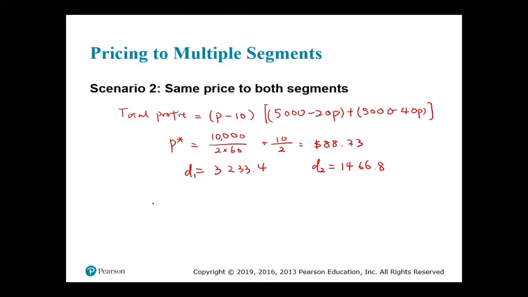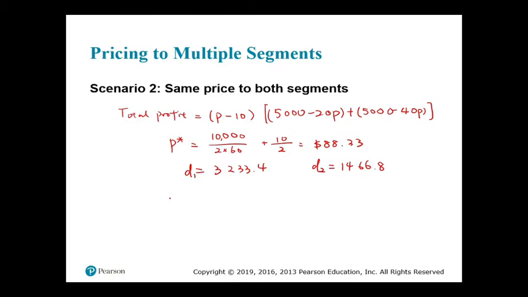Alright, so now with this same price, demand from the first segment is higher, demand from the second segment is lower. Right? Now, because the common price is between the previous two prices, and the price sensitive customers are willing to pay less, so the demand is less.